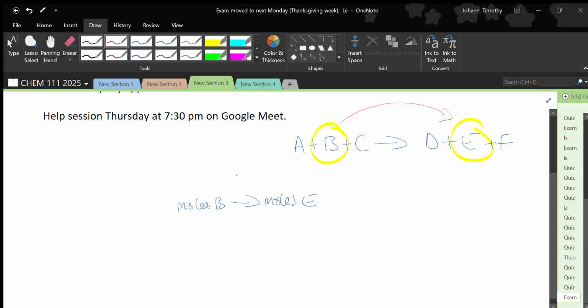All of these things that we do here, we're going to have a conversion factor to get from one to the other. I could draw these as arrows going both ways because you can convert one way or the other. What is our conversion factor from moles of B to moles of E?